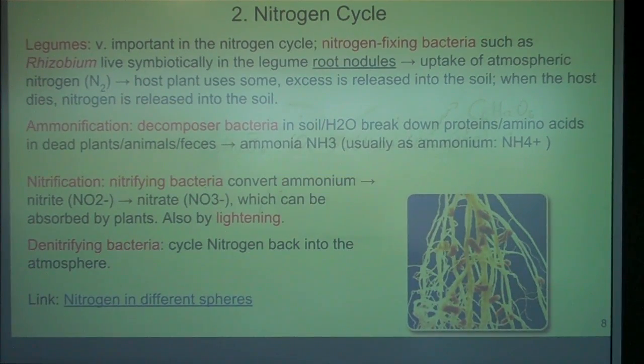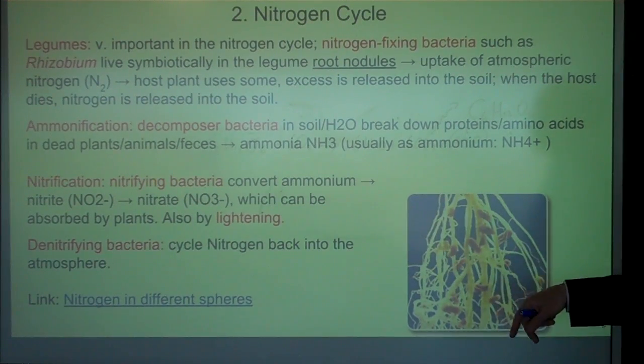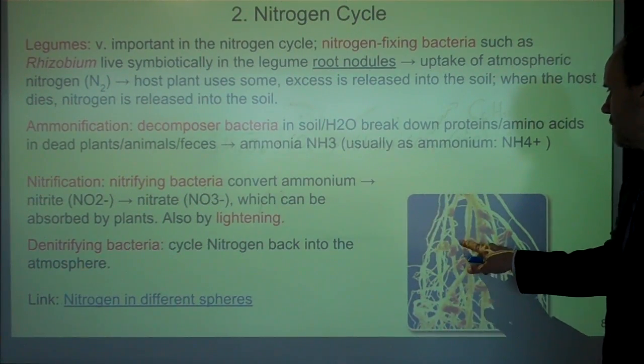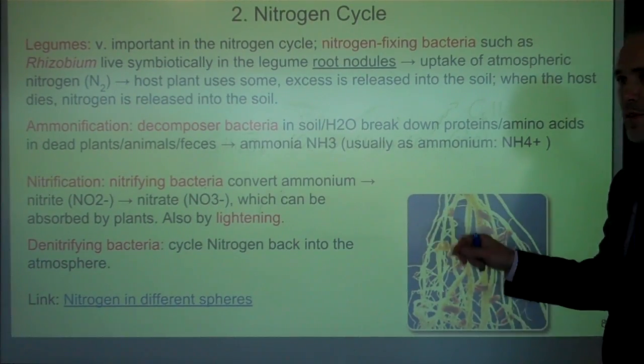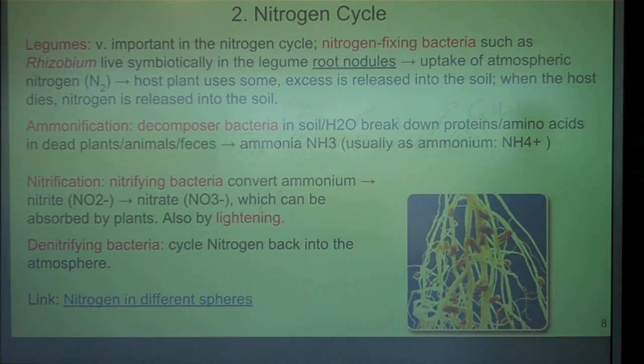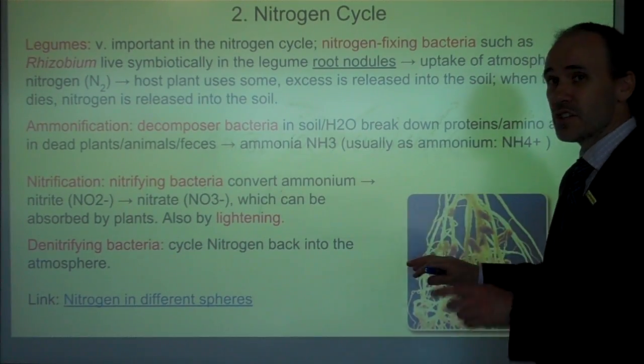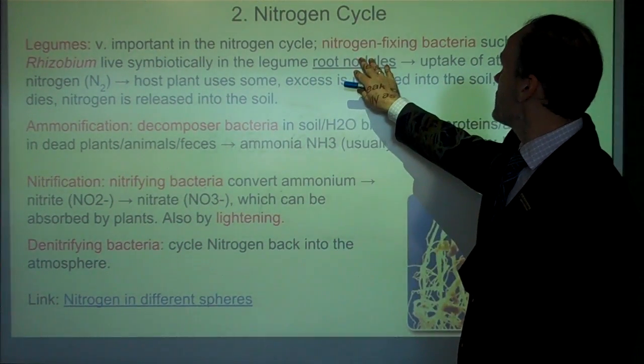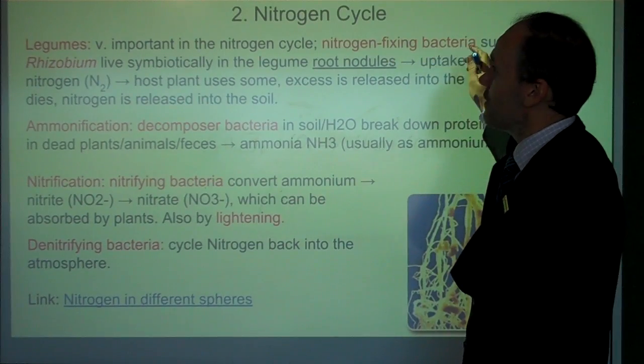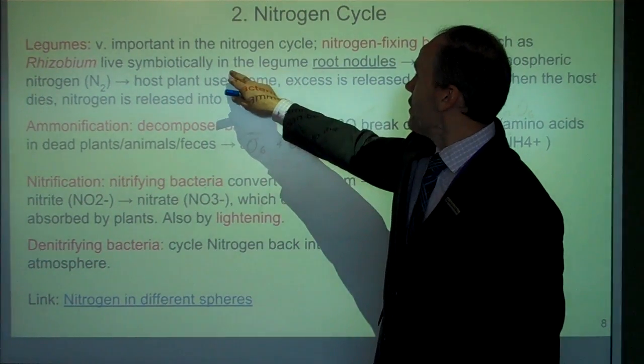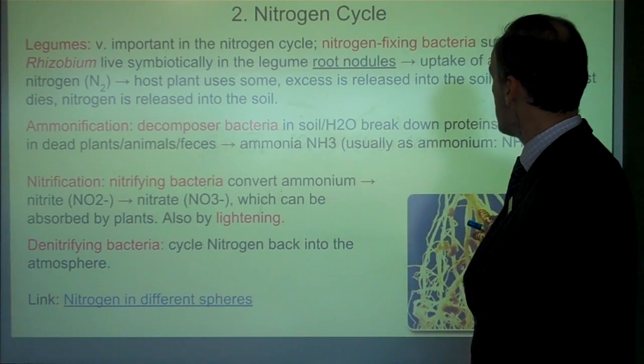Okay. Now, have a look at this here. I don't know if you've ever picked a clover out of the ground and had a look at these little nodules, but look at the little nodule things here, which everyone likes to squeeze. I'm sure that's a hobby for some people. They go and pick legumes and squeeze their nodules. Now, legumes are very important in the nitrogen cycle because they have nitrogen-fixing bacteria that live symbiotically in the legume root nodules, these things here.